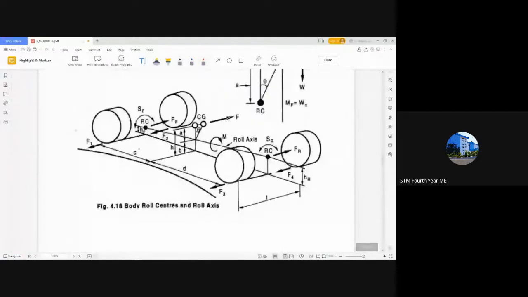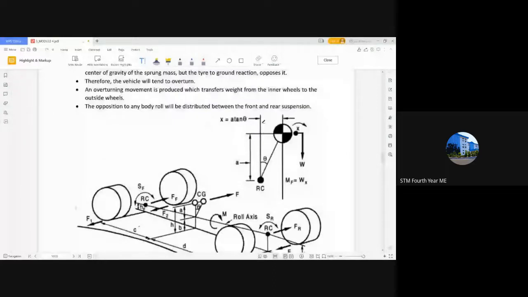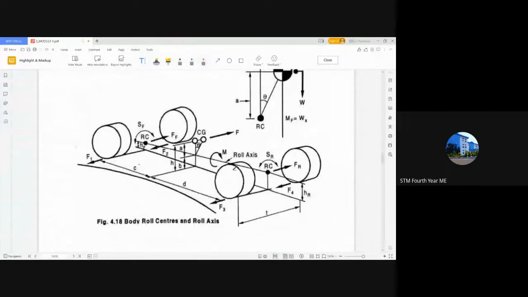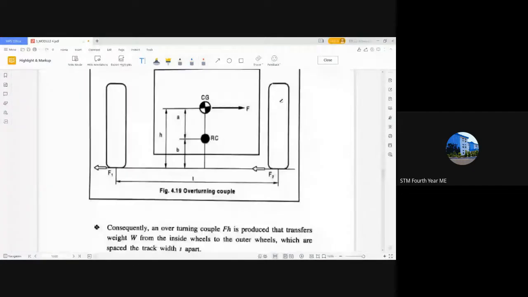So just for terming the moment, we are writing W as x tan theta. This is that distance x tan theta. And once the weight completely shifts to the outer wheel, more specifically here.